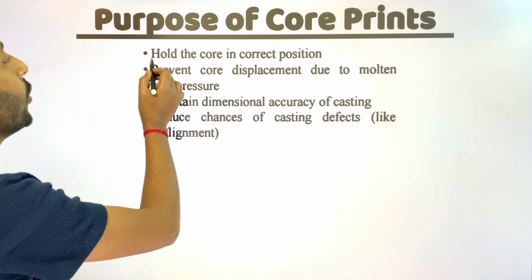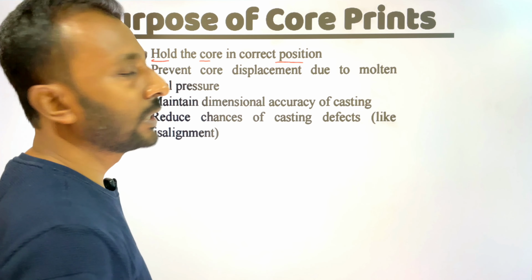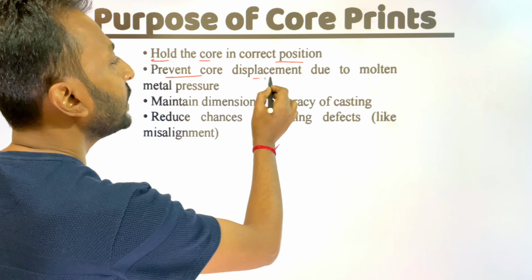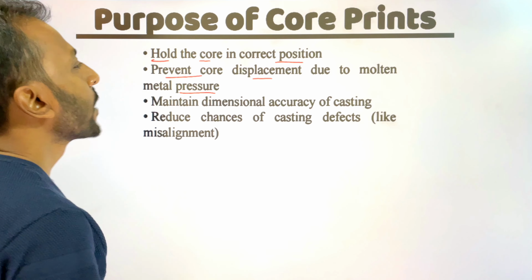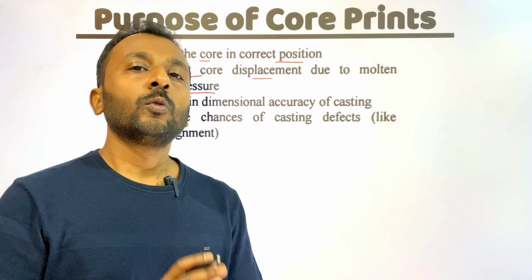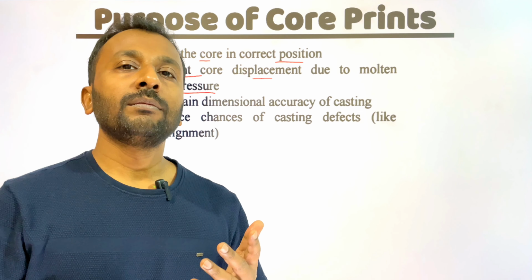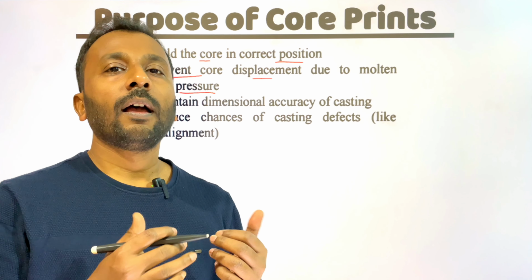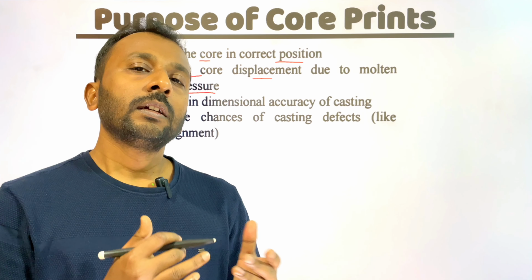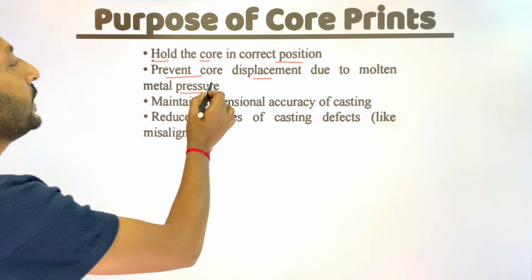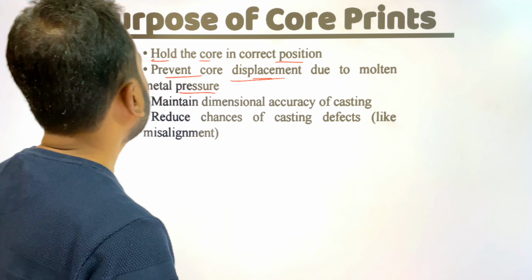So what is the purpose of core prints? It holds the core in correct position and prevents core displacement due to molten metal pressure. When we fill the mold cavity with molten metal, it creates pressure on the core. So the core has a tendency to shift from its place, and core prints prevent that displacement.